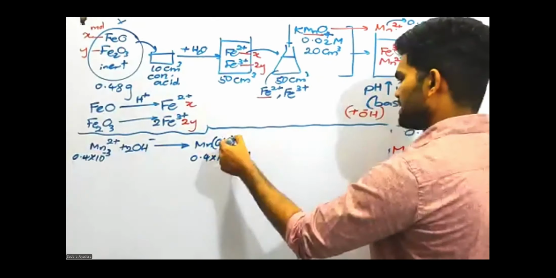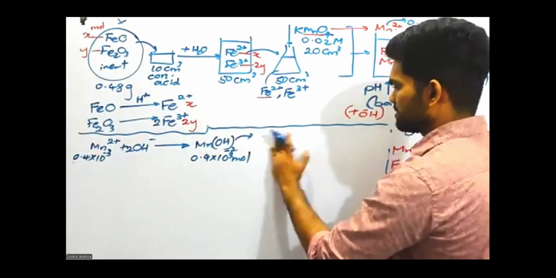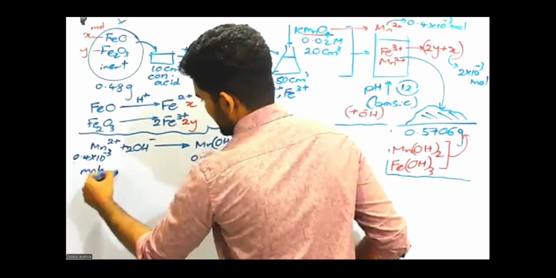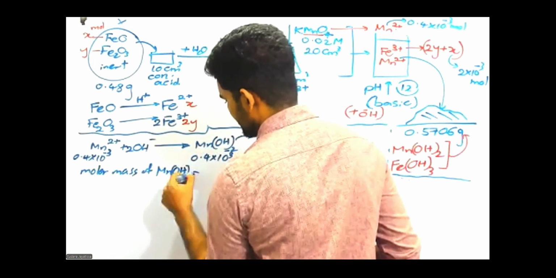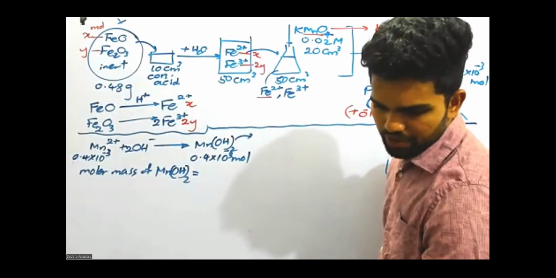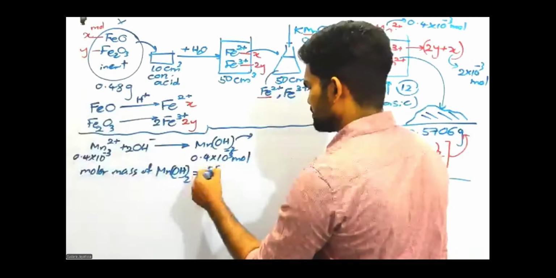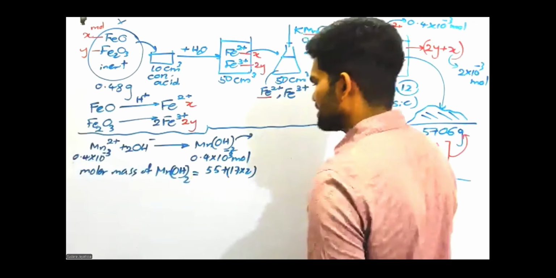So that means we can find out the mass of manganese hydroxide. For that we need the molar mass first. Molar mass of manganese hydroxide. Manganese, I think they gave it as 55 relative atomic mass. Check that one. 55. Yes, 55. See here. Iron is 56. So 55 plus 17 into 2. 16 plus 1, 17.